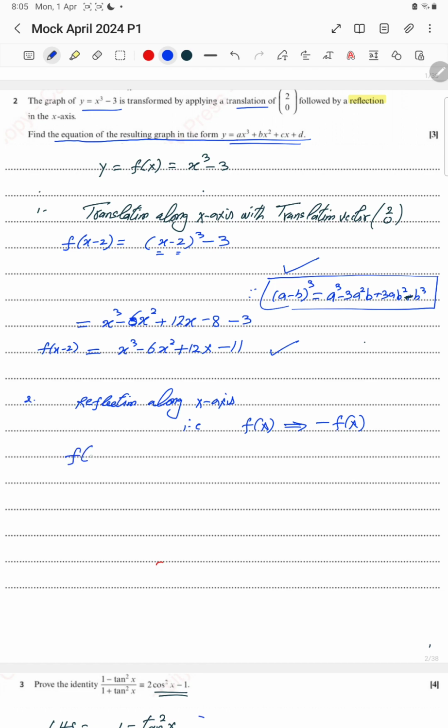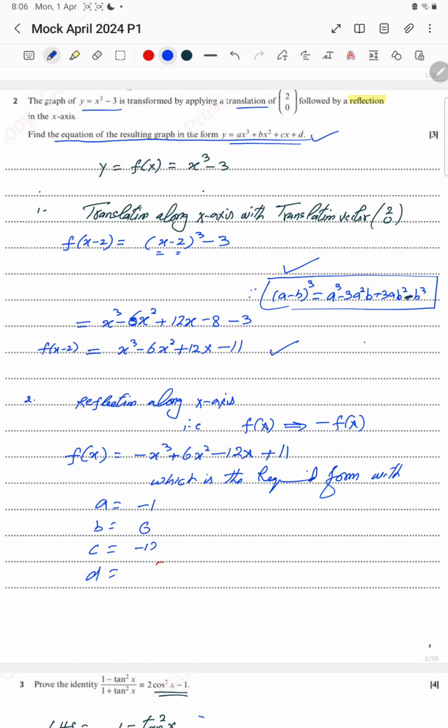So our final transformation will be minus x cube plus 6x square minus 12x plus 11. I hope it is clear, which is the required form with a, b, c and d. We have to compare this with the given equation. a is minus 1, b is 6, c is minus 12, d is 11. I hope it is clear.